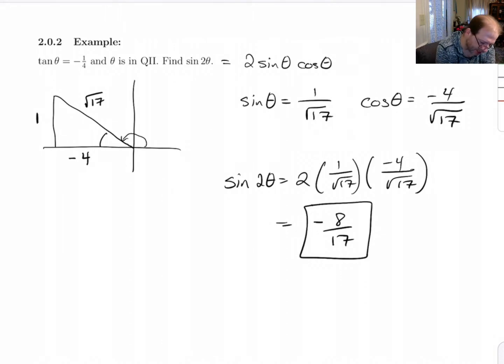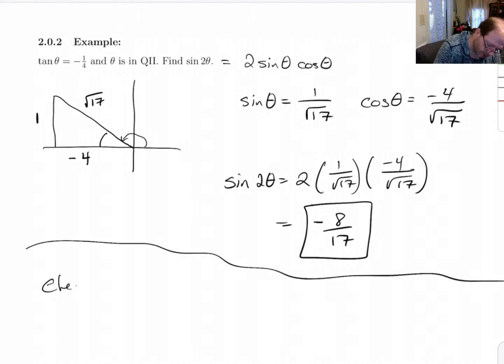Okay, if we just take the inverse tan of theta, this is going to give me something in quadrant 4.